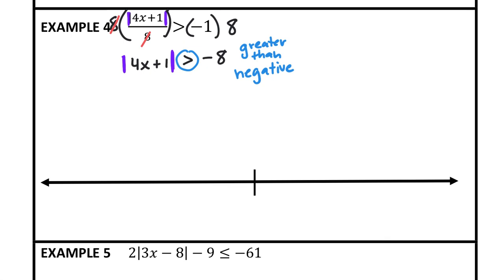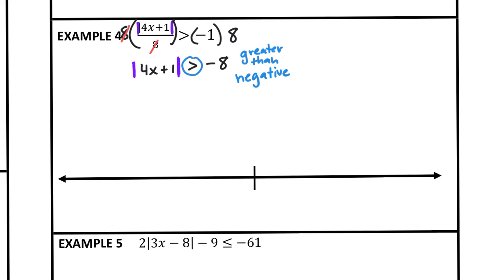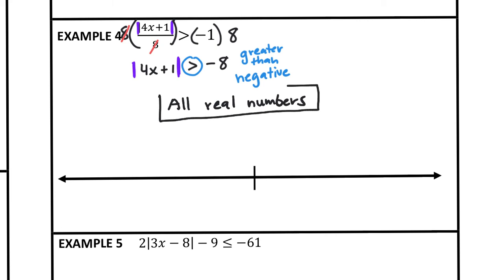So in this case, this is one of those situations where it's all true. What I mean by all true is that this response is always true. So my answer is all real numbers. That's my answer.